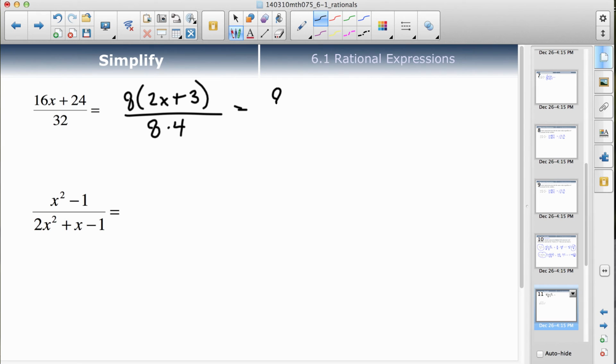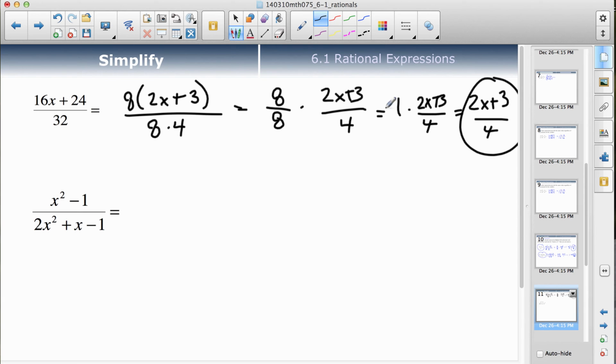So I would have 8 over 8 times 2x plus 3 over 4. Notice just a slight change there. I just took that factor of 1 out and put it by itself. So that's the same as 1 times 2x plus 3 over 4. And when you multiply anything by 1, it doesn't change it. So it's 2x plus 3 all over 4. That would be my simplification of that one.